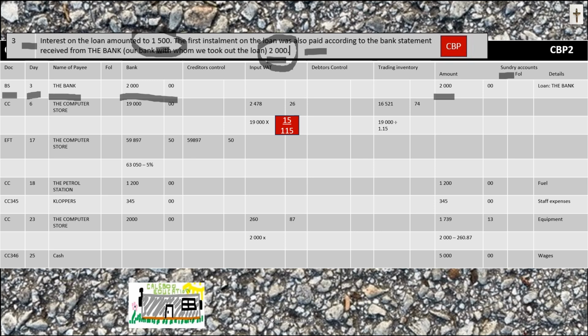Under sundry, because this installment is paid only once a month, there's 2,000. And under details, the name of the contra account. Loan, we have a loan with the bank. So there we go. That's recording an installment paid. This installment was paid on the 3rd of February. There's no VAT involved on a loan in this case. Right, next transaction.